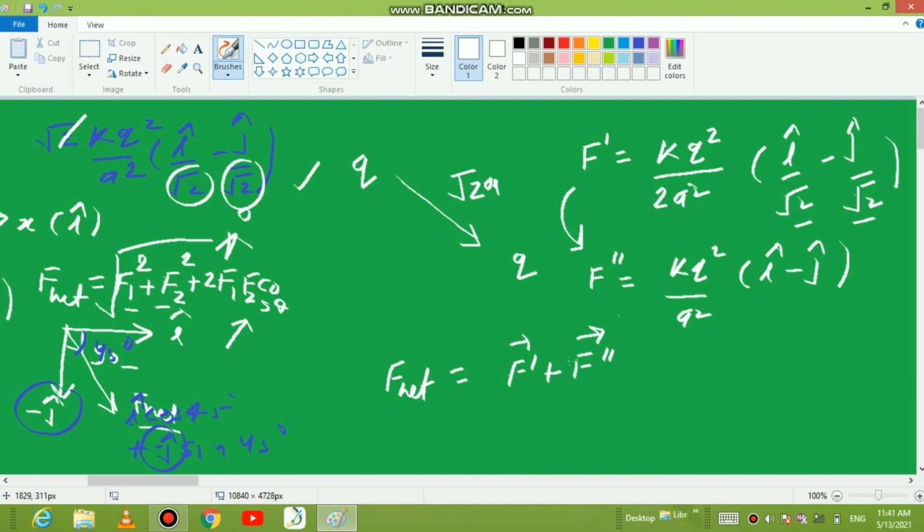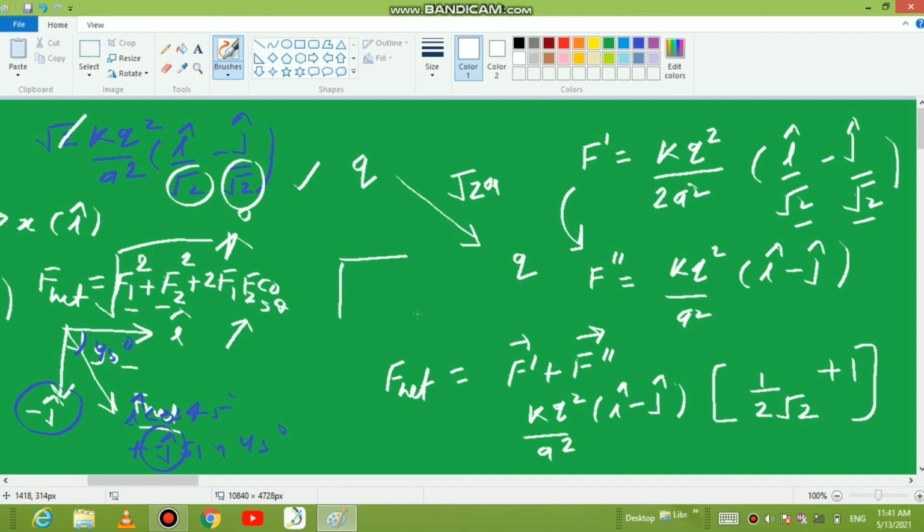So our final expression will be, if we take common kq square upon a square, I cap minus j cap, this value is common, and the different value is 1 upon 2 root 2 and plus 1. This is our resultant force on the fourth point charge due to these 3 point charges.